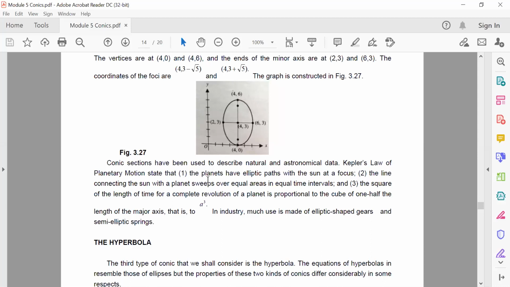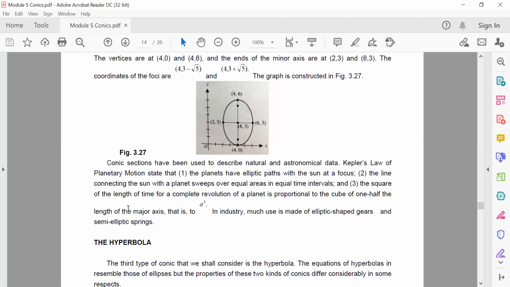One of the applications also is Kepler's law of planetary motion. It states that, number 1, the planets have elliptic paths with the Sun at a focus. The second one, the line connecting the Sun with a planet sweeps over equal areas in equal time intervals.